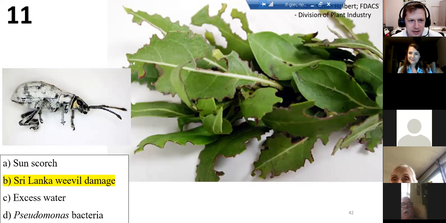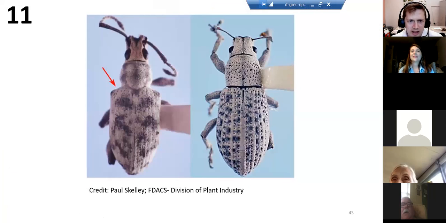So, the next slide. Oh yeah, sorry. We've got a comparison between the Sri Lanka weevil, which is on the left-hand side, compared to the looper beetle. The big thing that works for me to tell the difference is this shoulder.